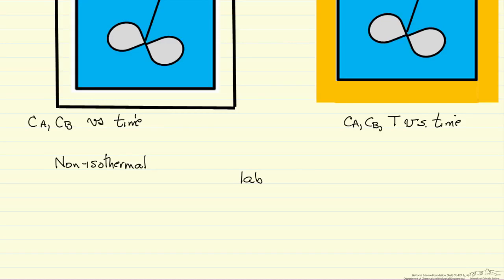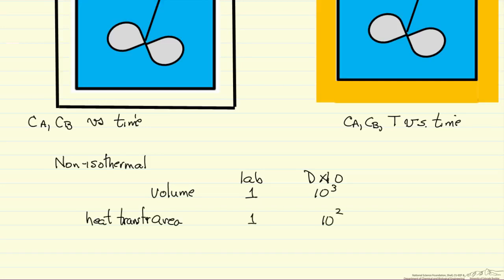Let's say the diameter is a factor of 10 larger. If I look at volume, and let's not worry about units, just say in some units the lab reactor volume is 1. If we're going a factor of 10 in diameter, this is 10 cubed in volume. And if we look at the heat transfer area, let's call this in the lab scale 1, then this would be 10 squared.